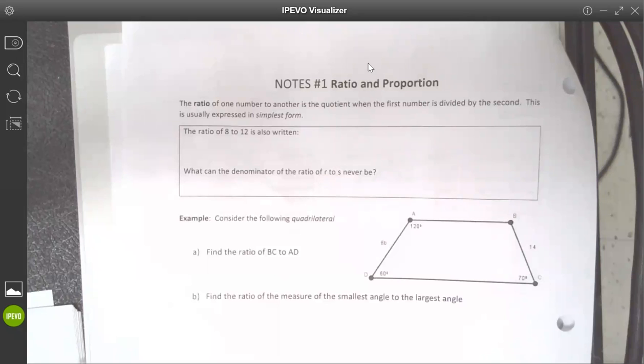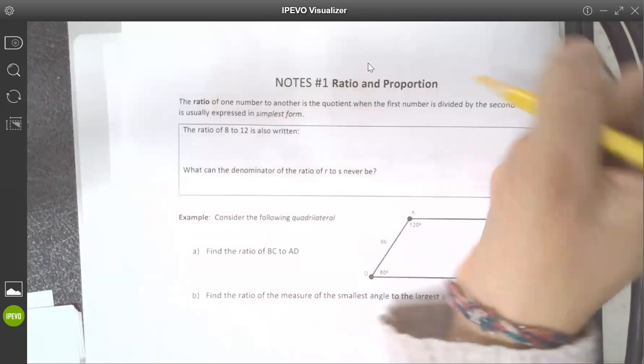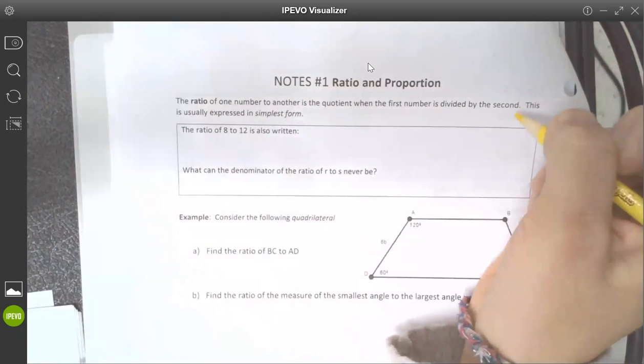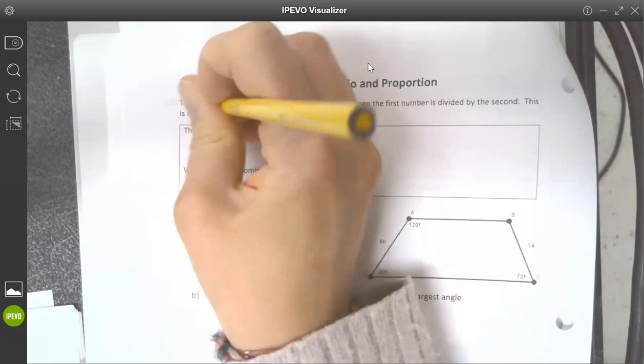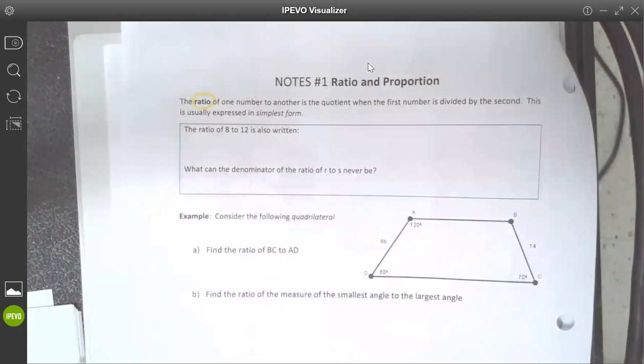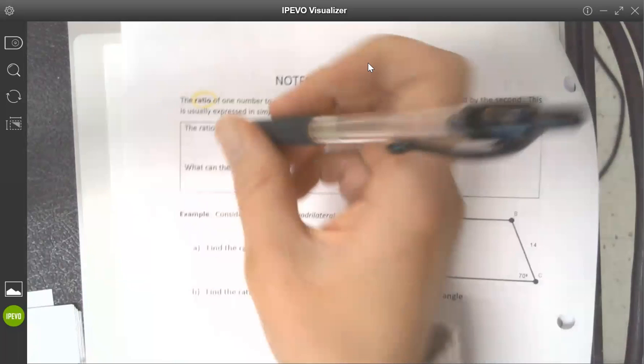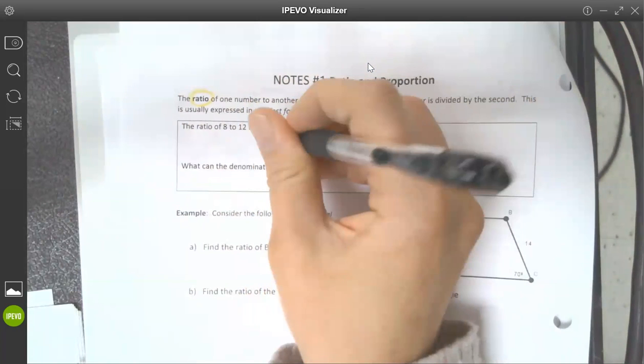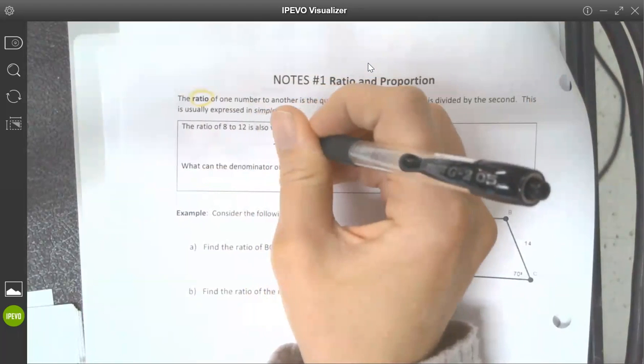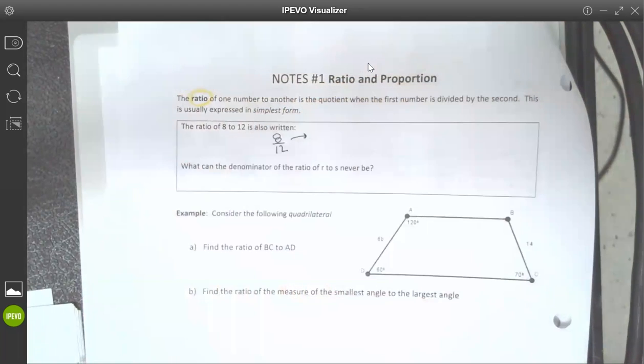So it starts with a ratio. It says a ratio of one number to another is a quotient when the first number is divided by the second. A ratio is usually expressed in simplest form. So if I'm looking at a similar figure and the ratio of one corresponding side to the other is 8 to 12, we could write that as 8 to 12, but it would be easier to use what ratio instead?